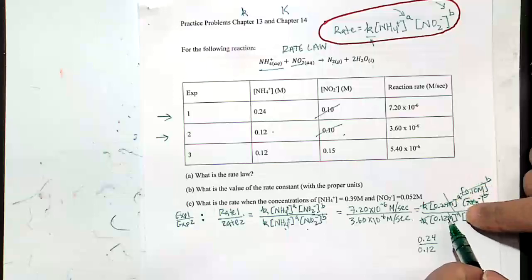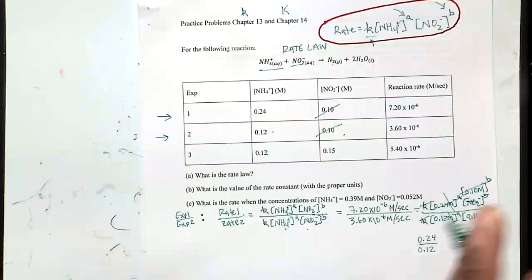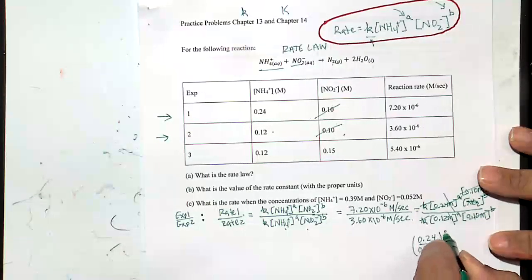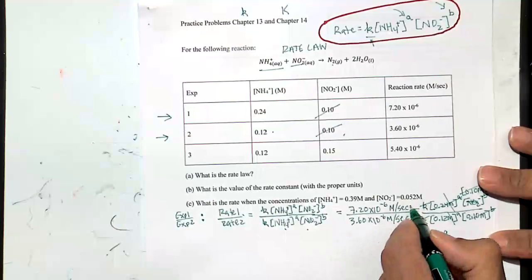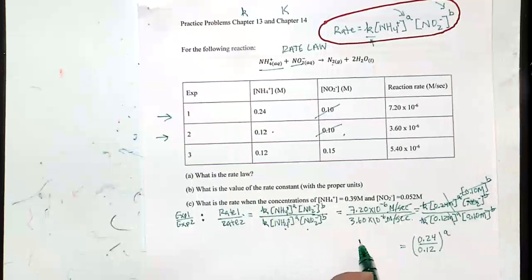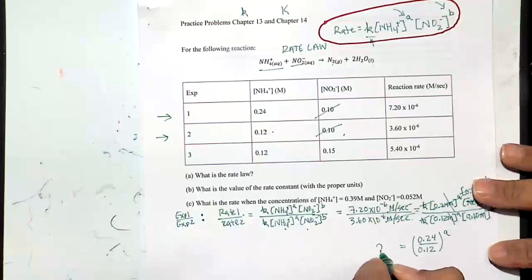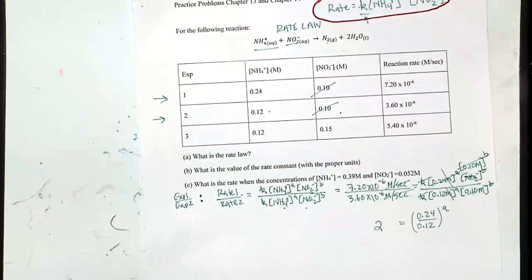I'm going to take this to the power of A and move it outwards, the whole thing to the power of A. The units cancel, and 7.20 times 10 to the minus 6 divided by 3.60 times 10 to the minus 6 is 2. So 0.24 divided by 0.12 is 2, to the power of A.